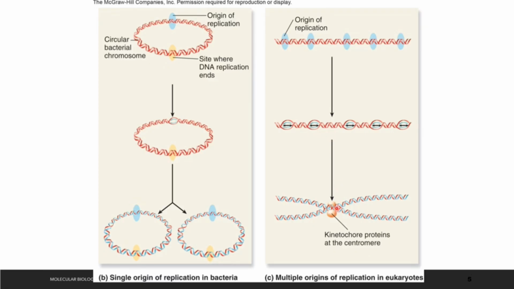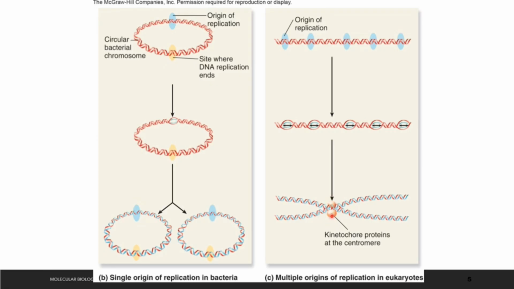Now for eukaryotic cells, instead of separating the two newly formed DNA molecules, they are actually still connected after the replication. This is what we have learned previously, the sister chromatids, where the two DNA molecules are connected, and we have the kinetochore proteins, which form and bind to the centromere.